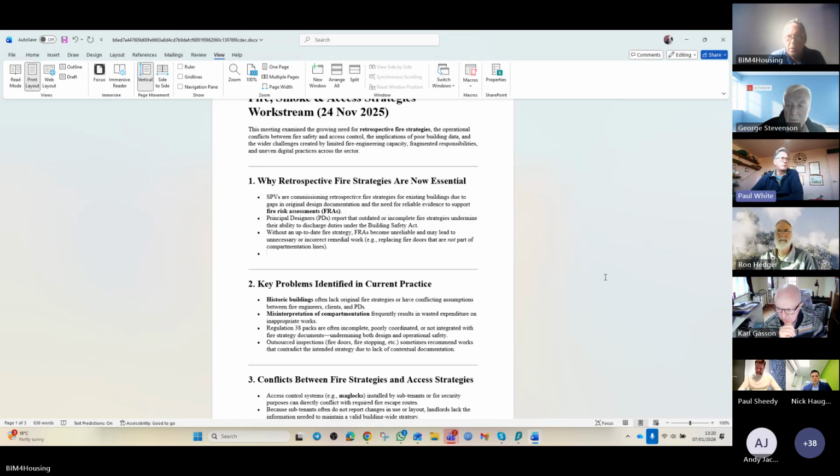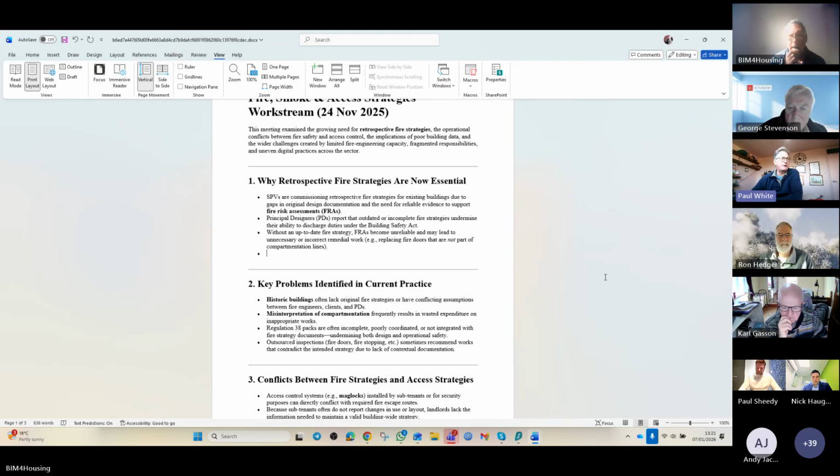Sorry, before Ron comes in, can I just add a little bit? As an industry, we are now saying that if you are to go into a building and do an inspection on whatever it is, doors, dampers, smoke control systems, sprinklers, the first thing you should be asking for when you go in is, can I have the fire strategy, please? Because that's your basis to know what is in the building.